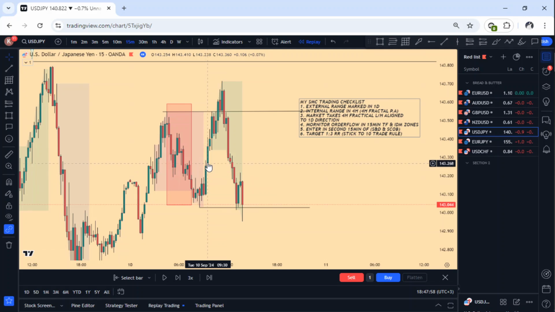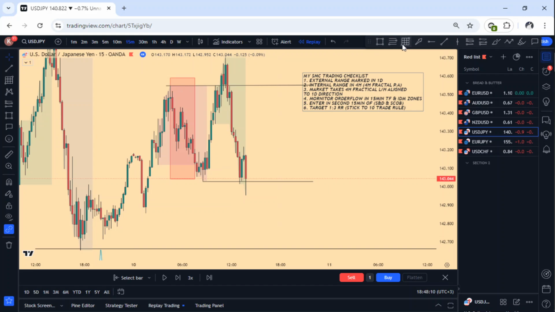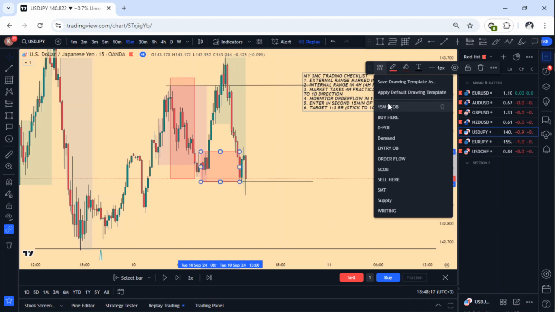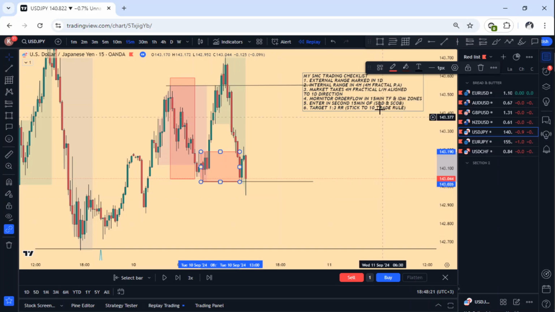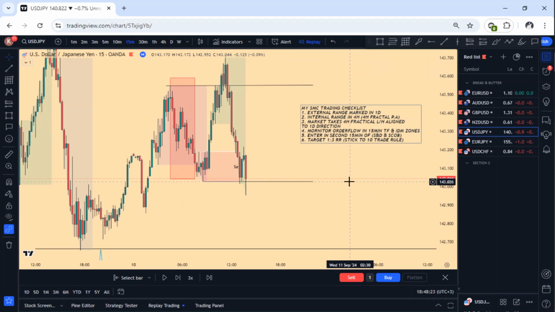To change character, this structure of liquidity must hold this demand zone so that we get another break of structure. If this base that caused this rally does not hold, then this demand zone turns into supply. Simple. That is a simple explanation.